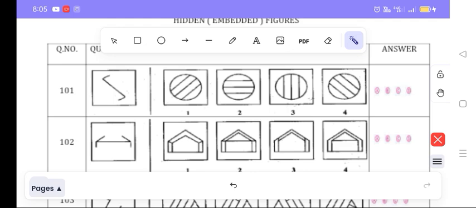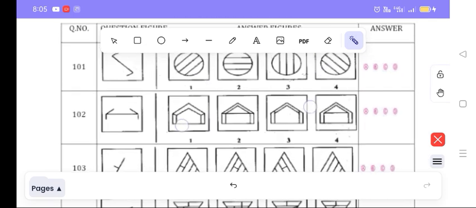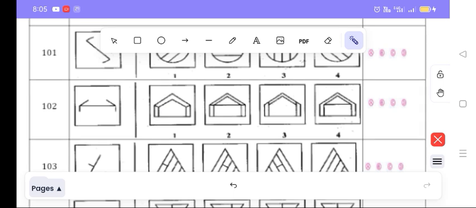Let us pass on to the next question. 102. In this 102, you can see a horizontal line, two small vertical lines, and two slant lines at the ends. Totally 5 lines are there. In option A, you can choose the horizontal line here, but you cannot find the vertical lines at the end. So A is wrong.